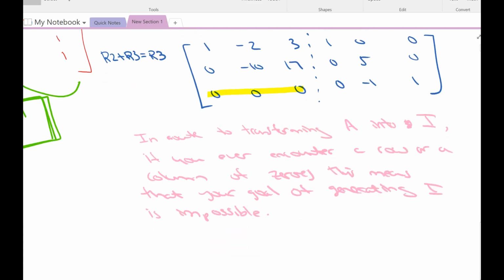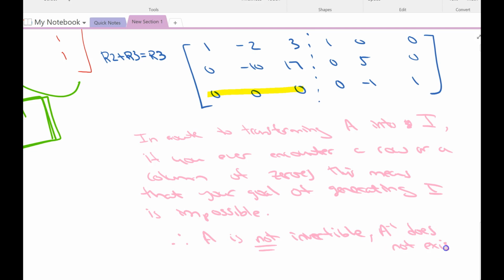What that means is A is what's called not invertible, or A does not have an inverse. The inverse of A does not exist.